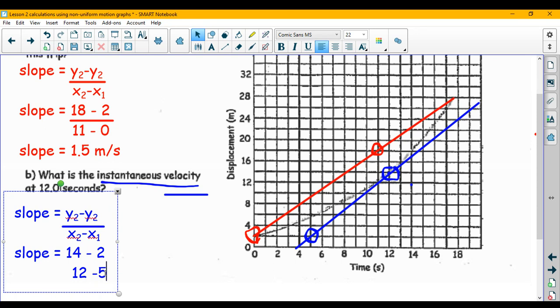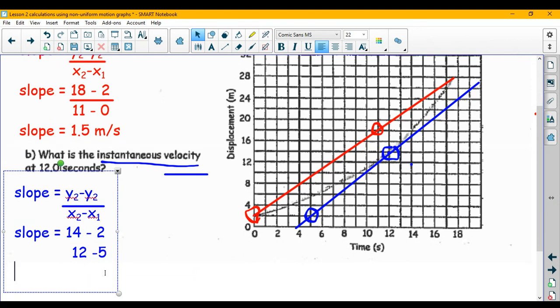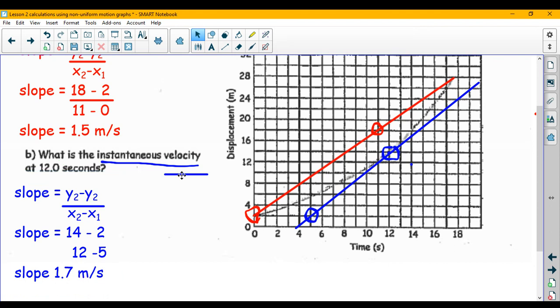So then I just have to do the math. So 14 minus 2 is 12 divided by 7. So that gives me 1.71. So my slope or my speed, my instantaneous speed would be 1.7 meters per second. Remember, you will probably not get the exact same number as me. Don't let that panic you. You just need to be in the right range. You just have to be close.